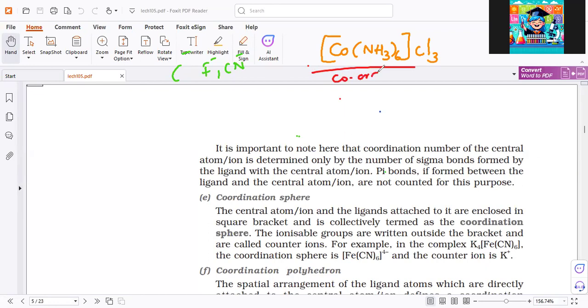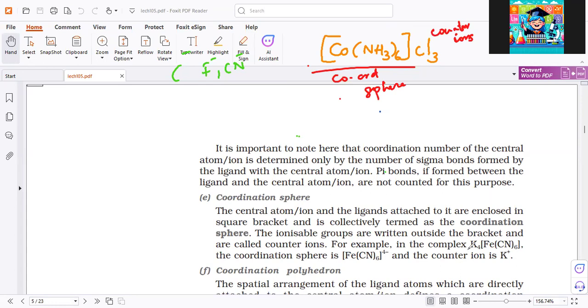The ions that are outside the bracket, used for electrical neutrality, are known as counter ions. So a complex is made of coordination sphere and counter ions. For example, here the chloride ions are the counter ions, and this is the coordination sphere, Co(NH3)6.